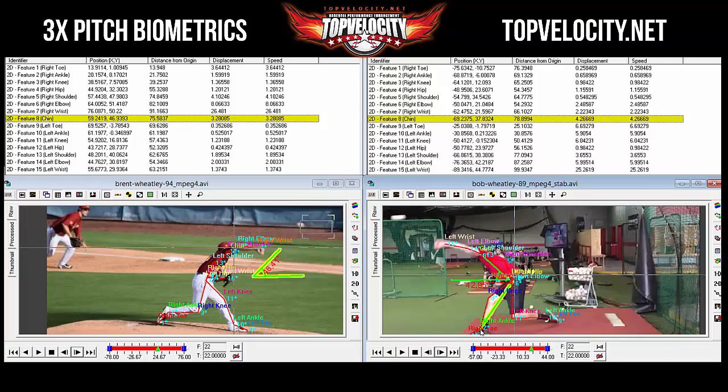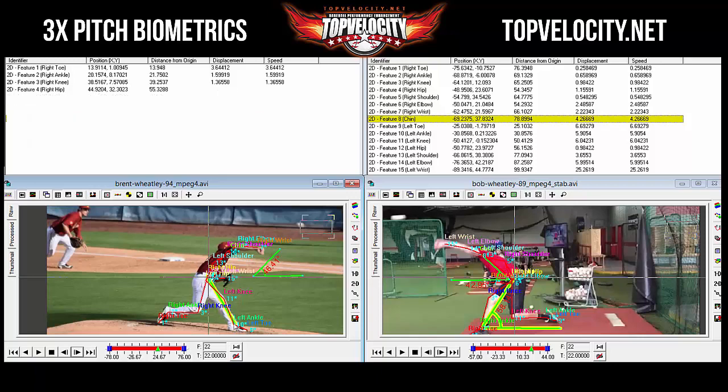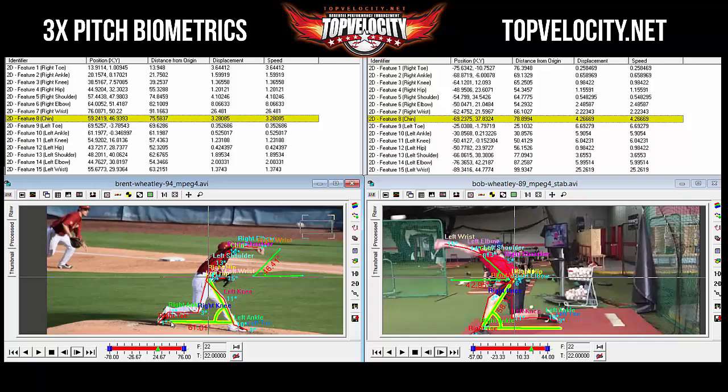Let's go to the hip, to the ankle. 58 degrees there. So similar, looks a little bit more vertical front leg. Because Bob was lower, Brent is getting more front leg extension.